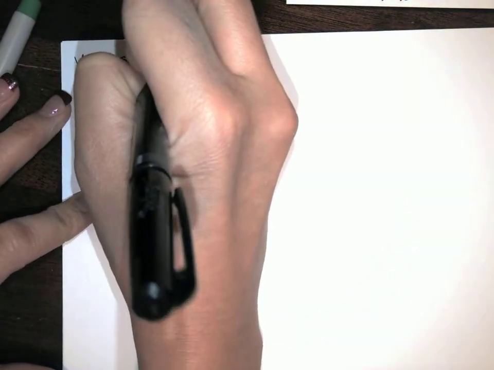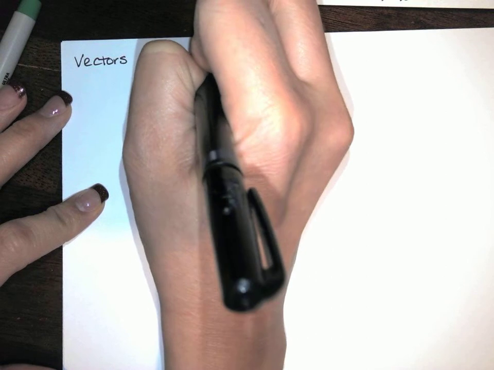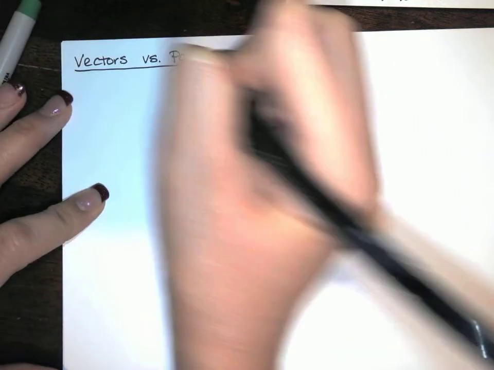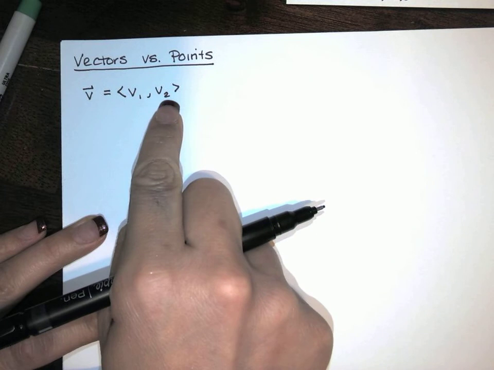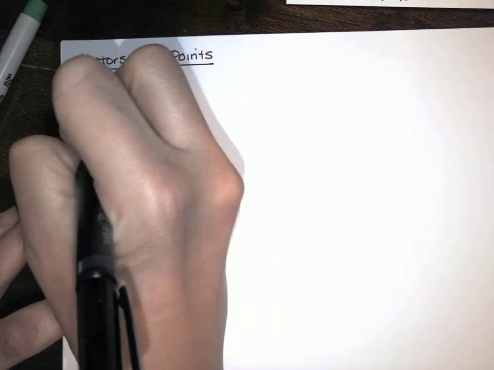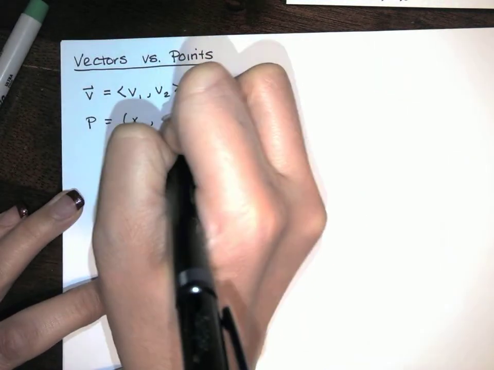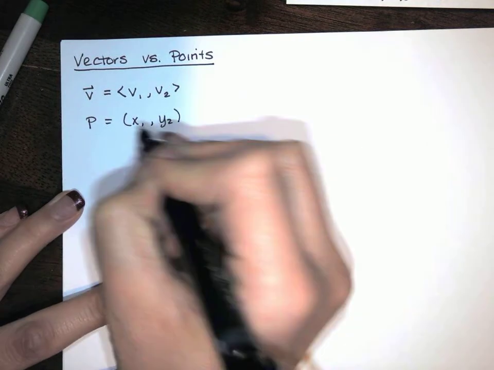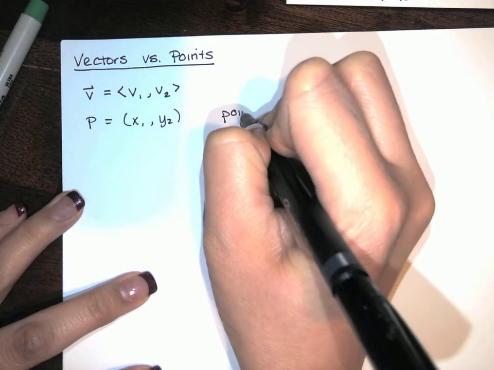We'll talk about one more thing. It's a very important point. Vectors versus points in this class. If you see this notation, V1, V2, with these braces on either side, and you see this notation with the parentheses on either side, this represents a point.